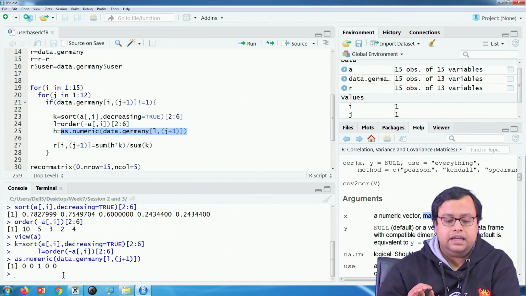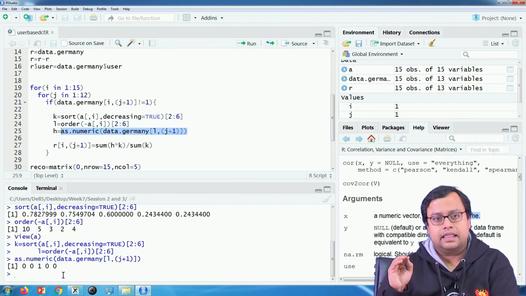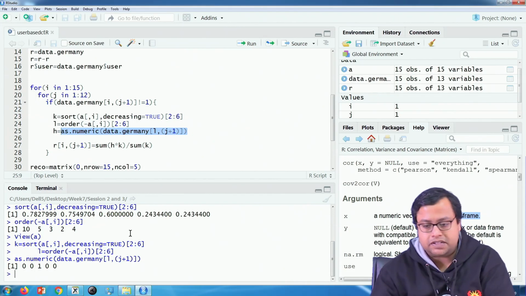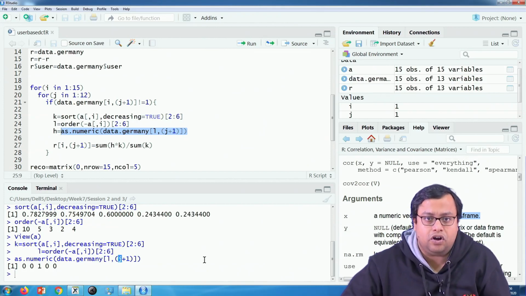L is basically which are the movies that these people have seen. So these 5 people, L comma j plus 1 means whether these people have seen this j plus 1th movie or not.